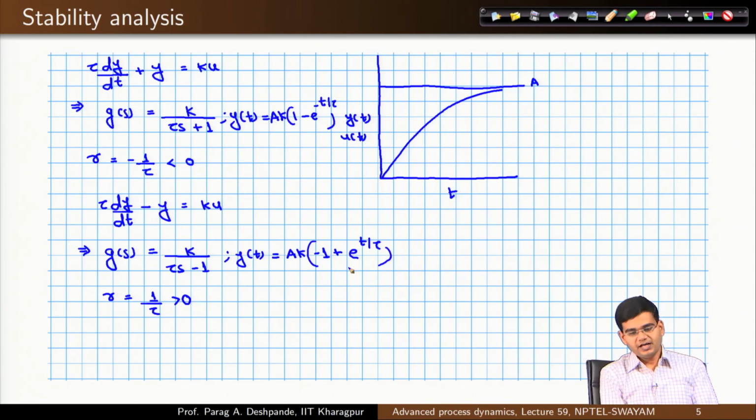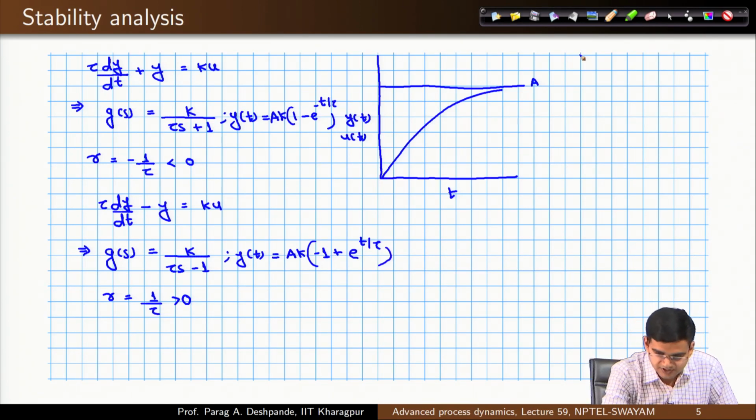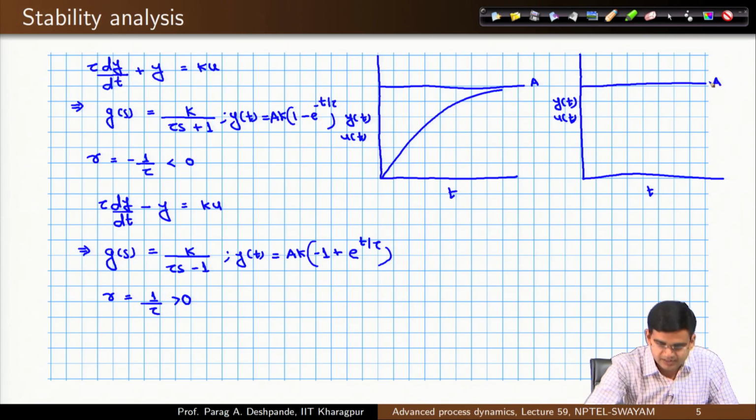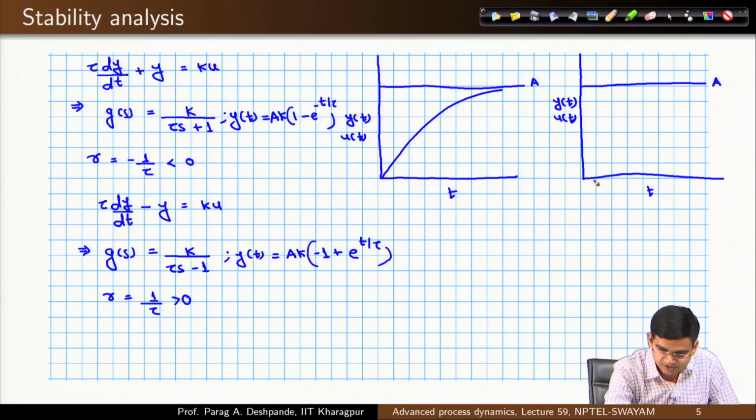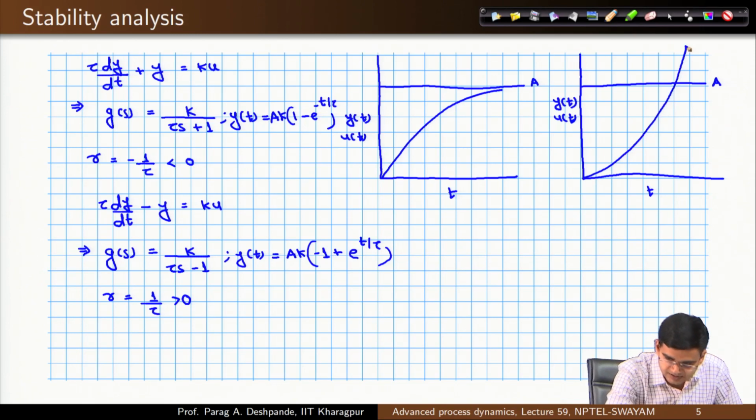Okay. And what would this function look like? This function would look like this. This is y of t or u of t versus t. This is a, and what would the response look like? You can plot, the response looks like this.